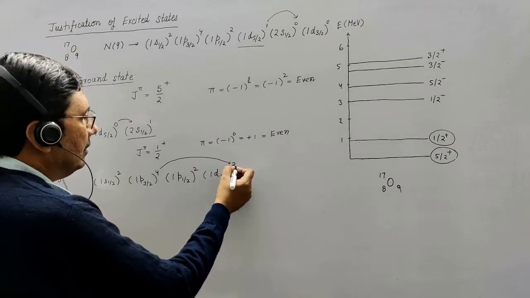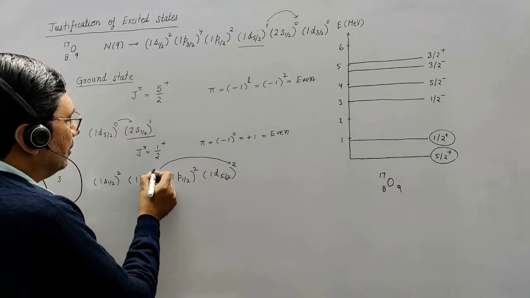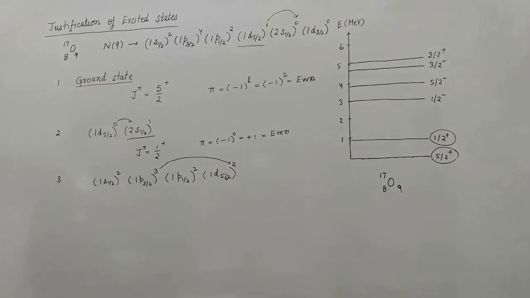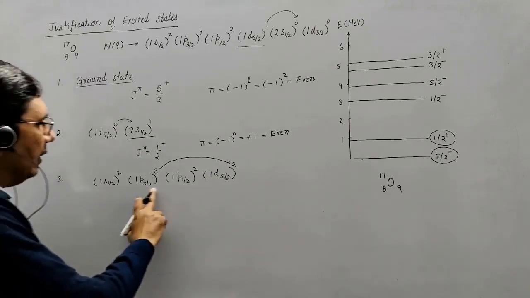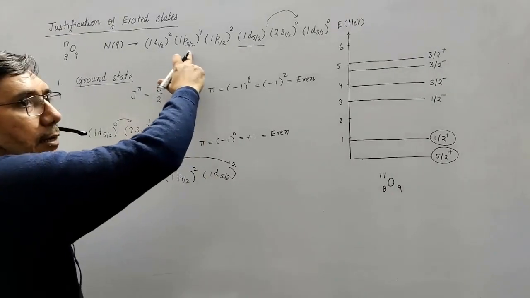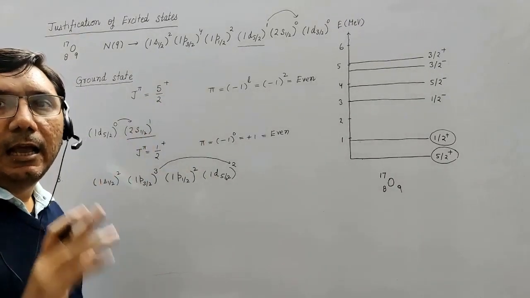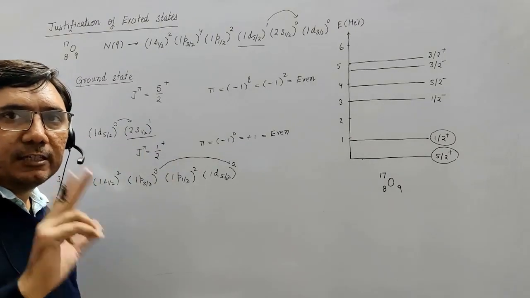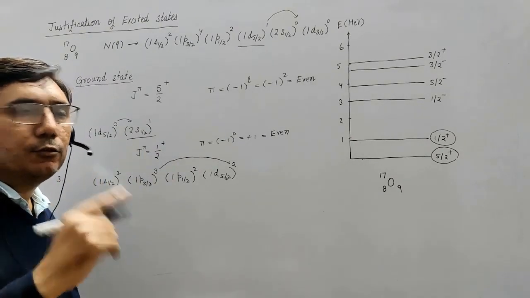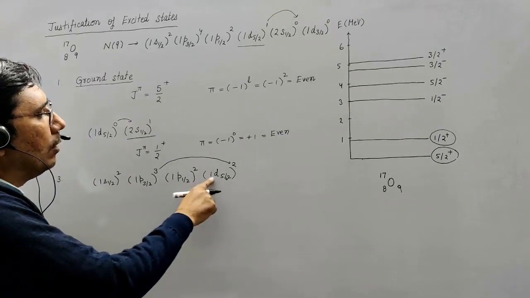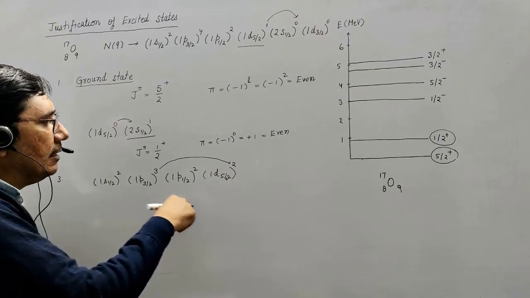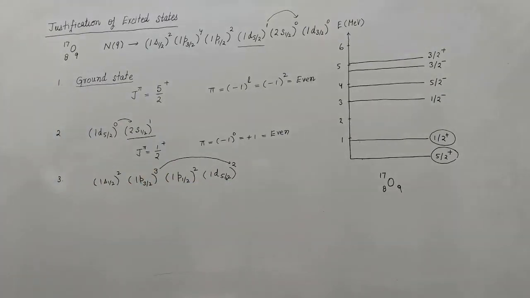So after this transition, this will be the situation. When a pair is broken here and one of the neutrons of the broken pair jumps to 1d 5/2, it will give rise to an excited state.